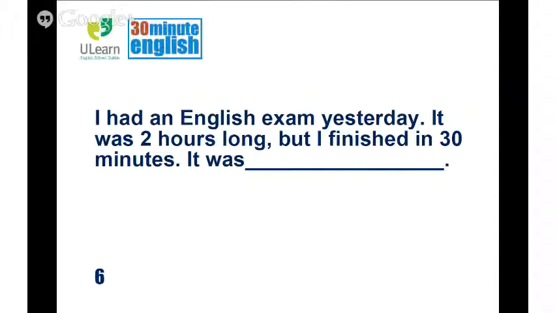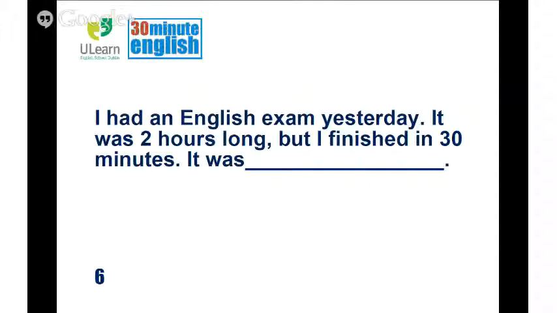We know that a person had an exam, and the exam was supposed to last 2 hours, but this person was able to finish it in 30 minutes, in 25% of the time he should have taken to do it. So it wasn't difficult for this guy. It was very, very easy. It was a piece of cake. Okay?